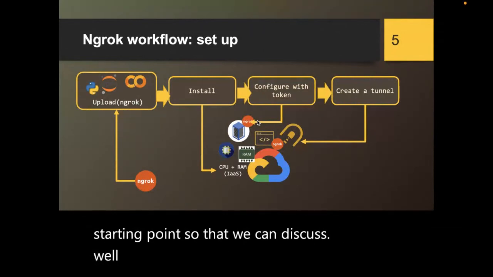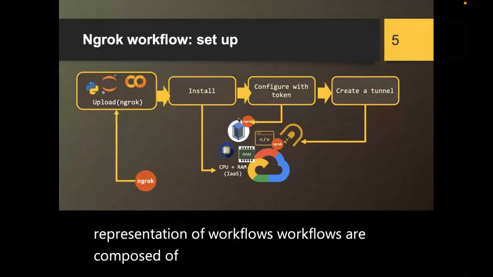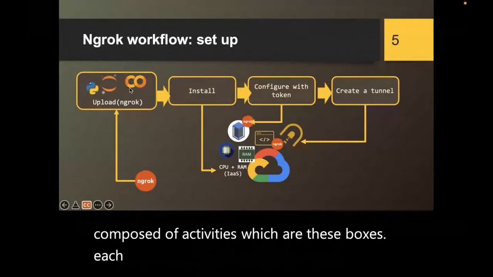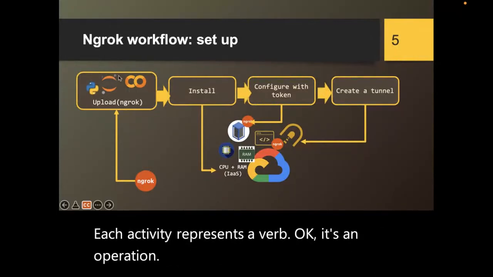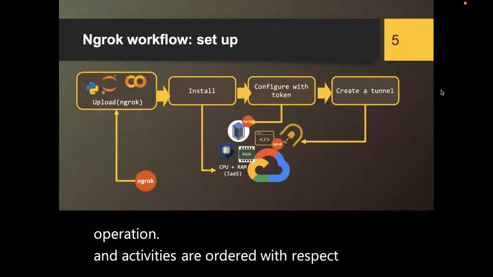Well, if you are not acquainted with the representation of workflows, workflows are composed of activities, which are these boxes. Each activity represents a verb, okay? It's an operation. And activities are ordered with respect to a control flow.